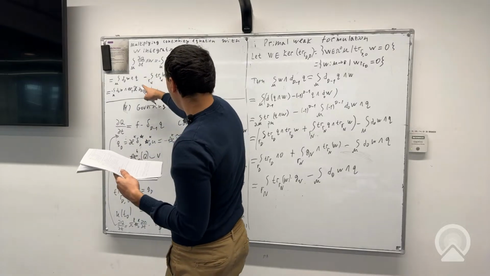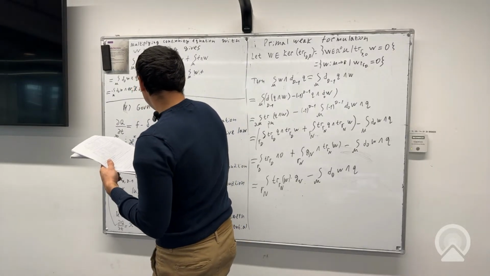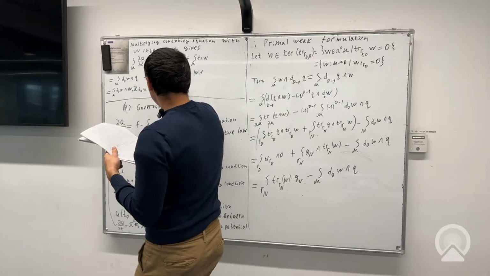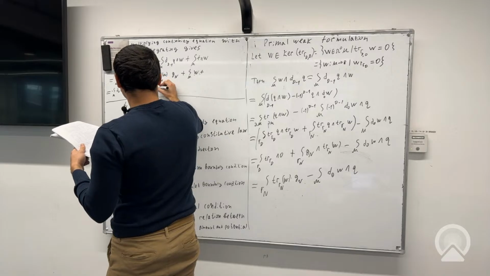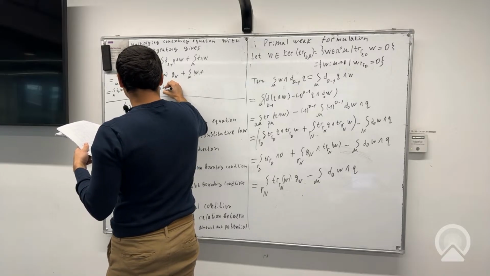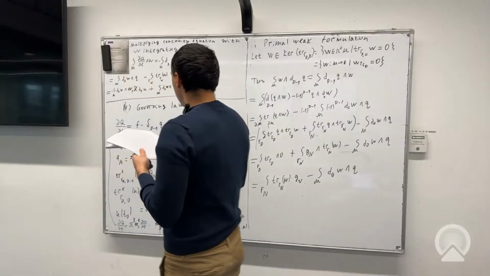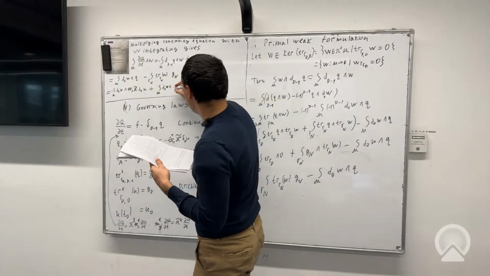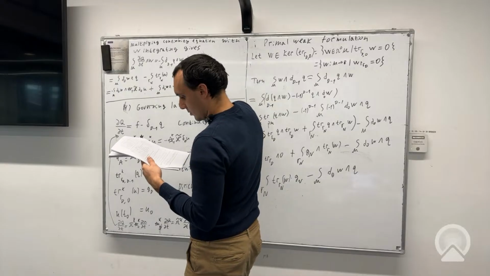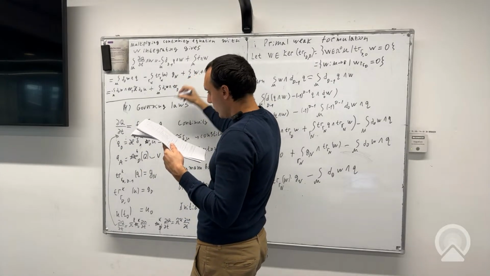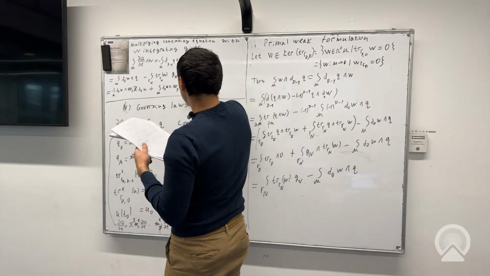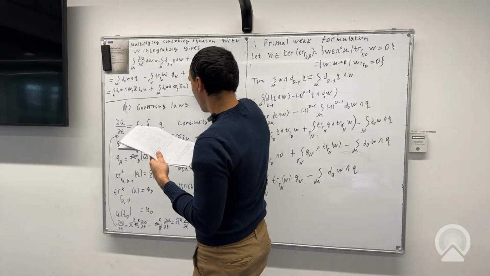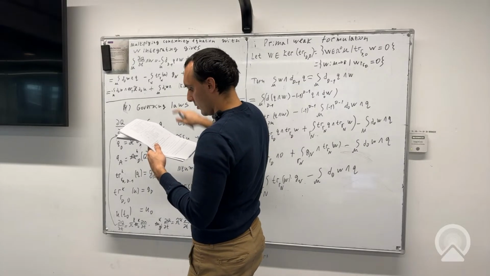The advective term will be star dq with w, but we don't need star d here, only p tilde.